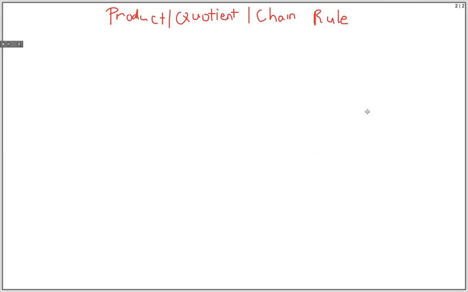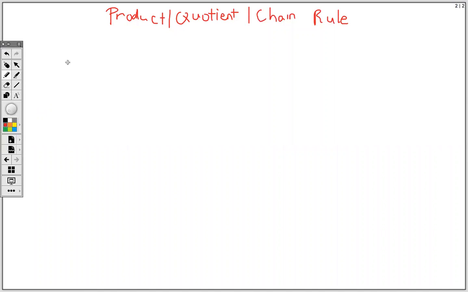Okay, I'll be starting with the product rule. Now, the product rule, as the name suggests, is when two functions are beside each other and it looks as if it multiplies. Now, let me explain the formula.